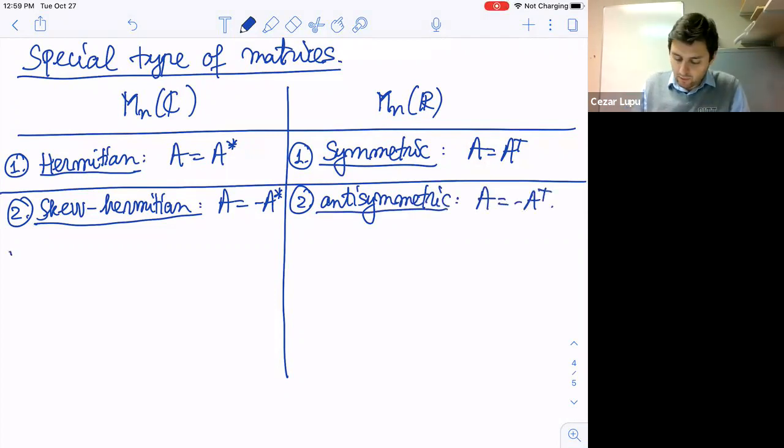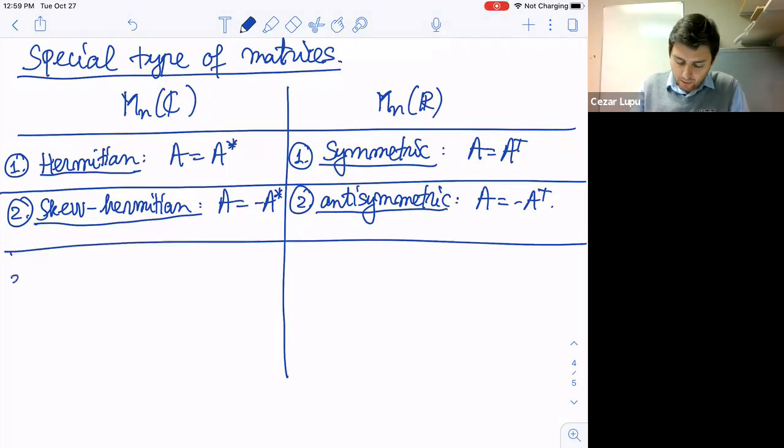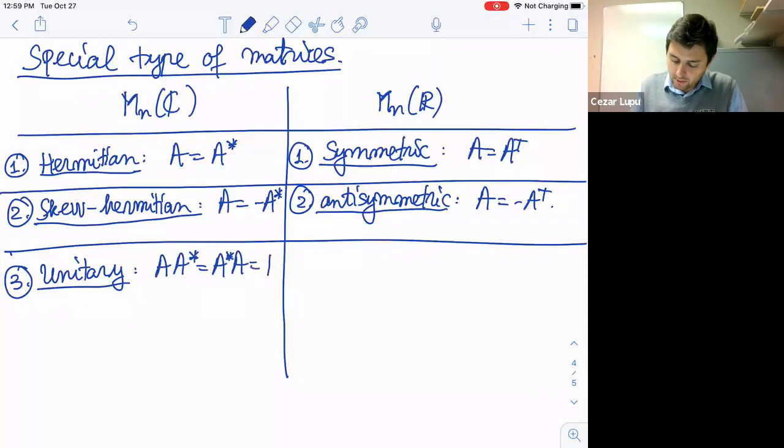And now the third important category, we call this unitary matrices, which means that A times A star is the same as A star times A, which is the identity. And for real matrices, we call this orthogonal.